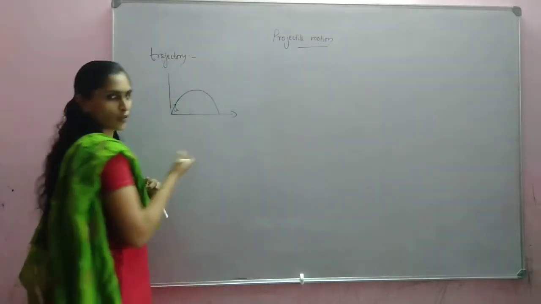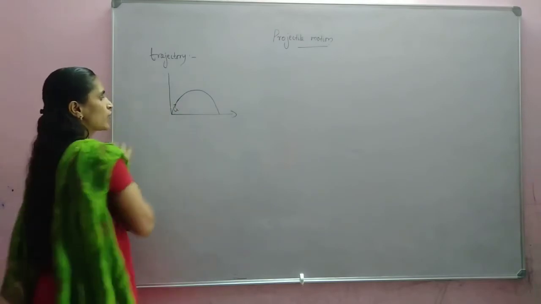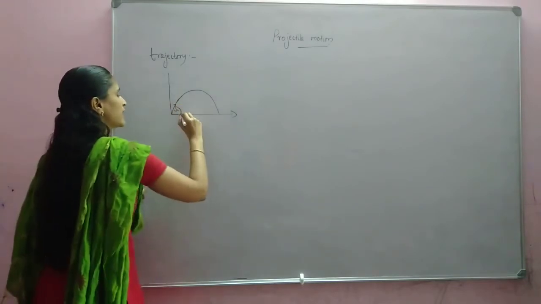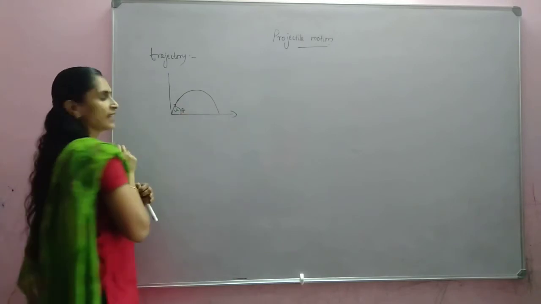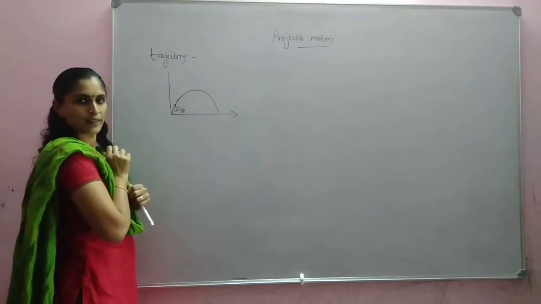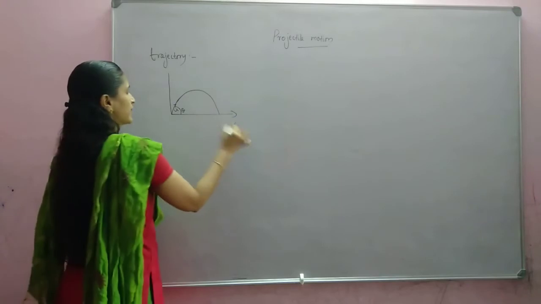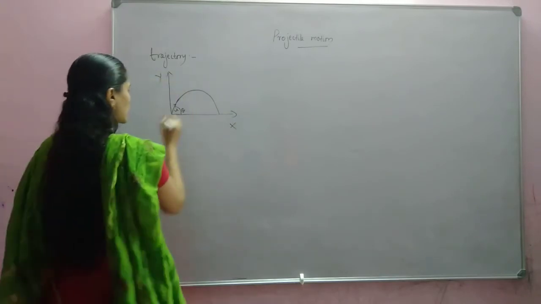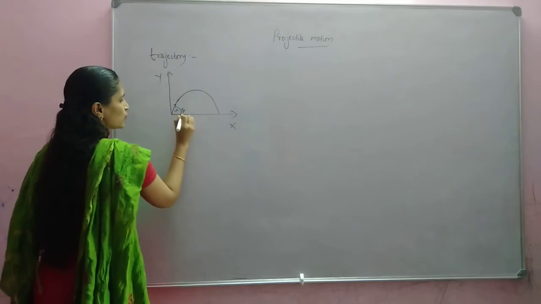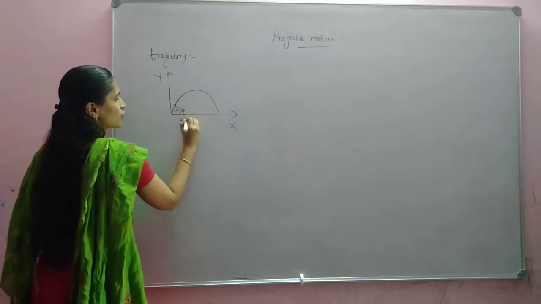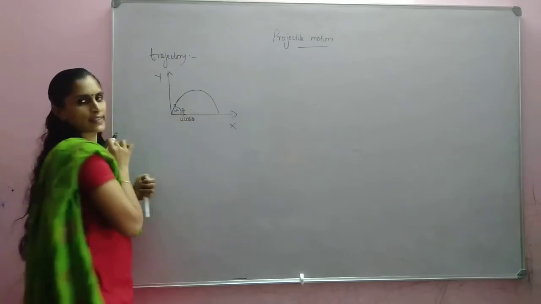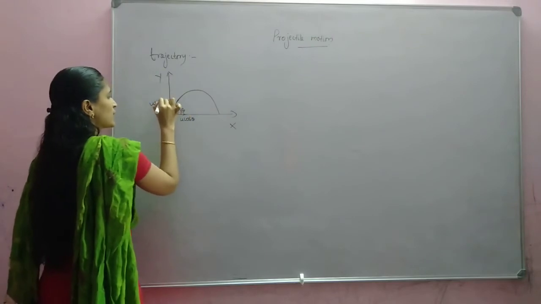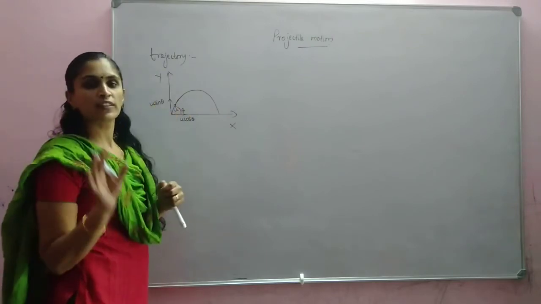How that is, we are going to discuss. So an object is thrown with an initial velocity u and it makes an angle theta with the x direction. We can resolve this velocity into two components: u cos theta along the x direction and u sin theta along the y direction. u cos theta remains constant throughout the motion.